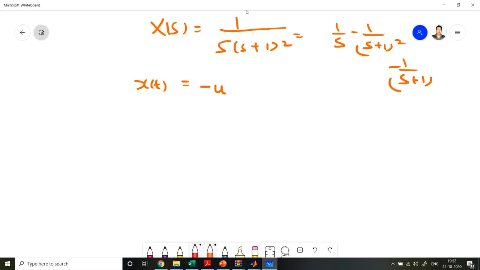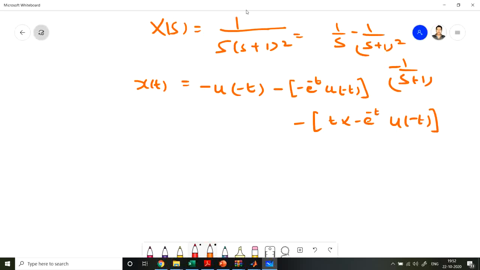So x1t, x2t, x3t are all left sided signals. So the inverse Laplace transform is minus u of minus t, minus e raised to the power minus t u of minus t, minus t into minus e raised to the power minus t into u of minus t.